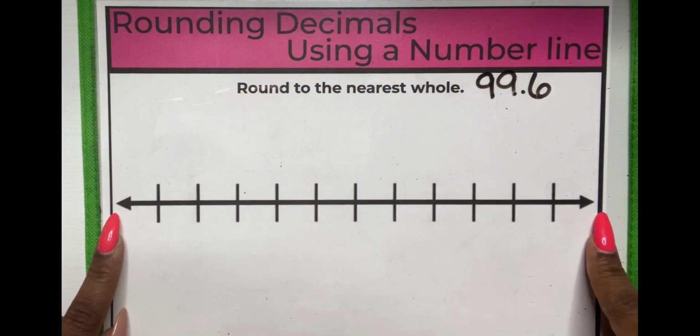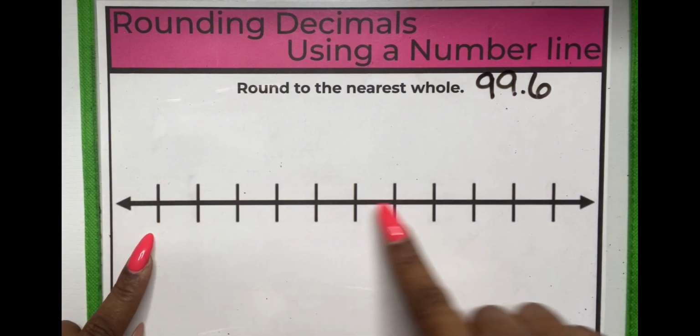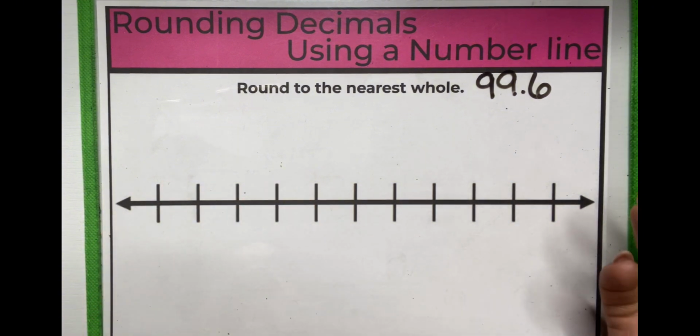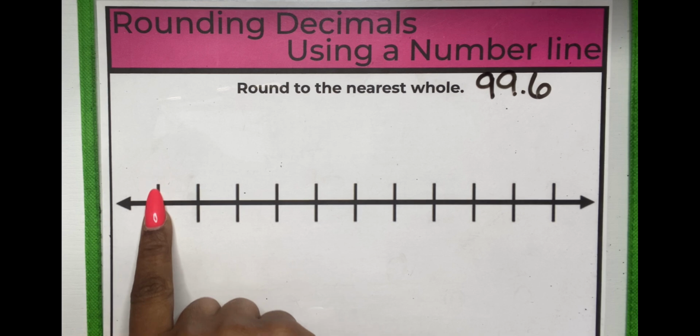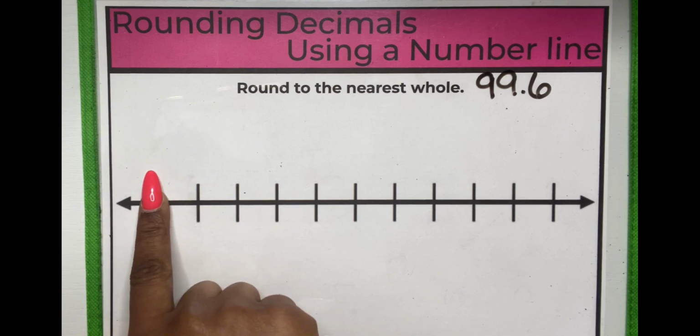One line across, 11 tick marks will give you your 10 spaces. You may be wondering, why are we making 11 tick marks to make 10 spaces? Remember, the very first tick mark is really like 0. It really doesn't have a value there.